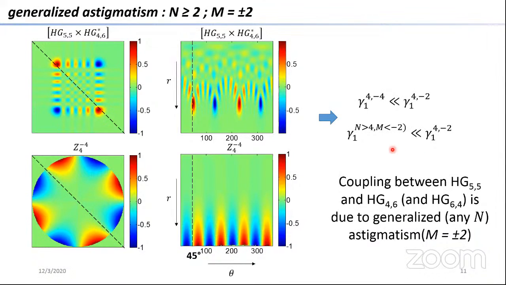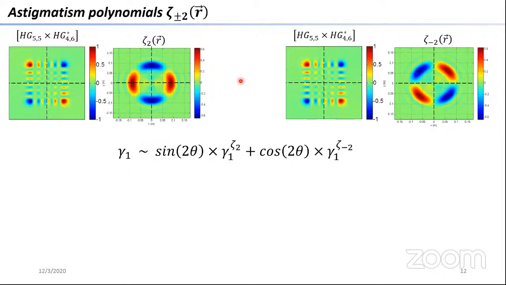So to sum up, the coupling between HG55 and the adjacent mode is dominated by the generalized astigmatism m equal plus or minus 2. In particular, there is a linear combination of the Zernike polynomials Z plus 2 and Z minus 2, which simplifies a lot the coupling between HG55 and the adjacent mode. It can be written this way.